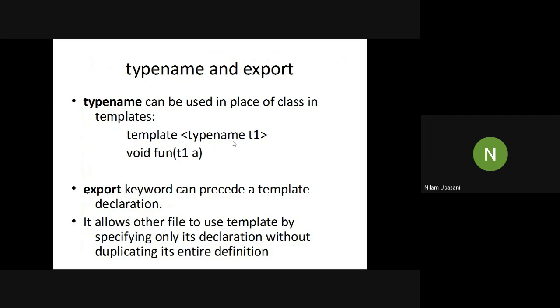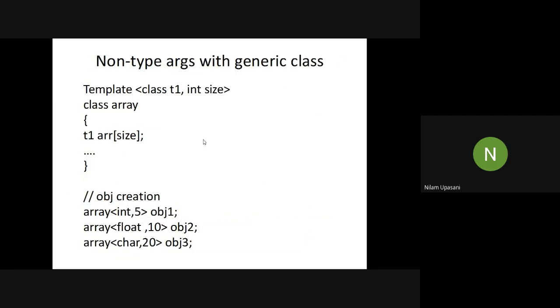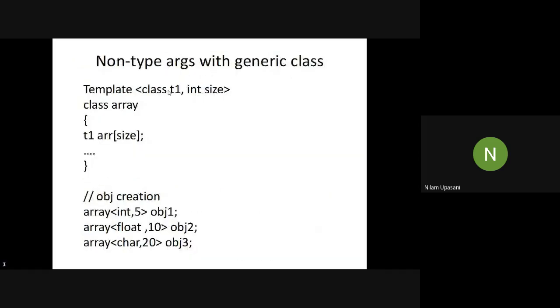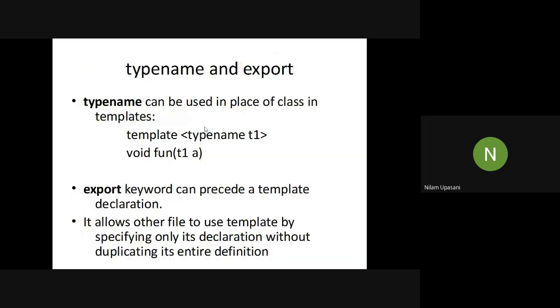And finally one thing: in some books, or maybe on some sites, instead of class you can see typename also. That is optional. Either you can write the first line as template class T1, comma, class T2, or instead of class, you can use typename.